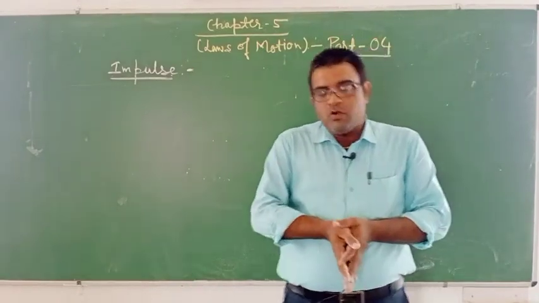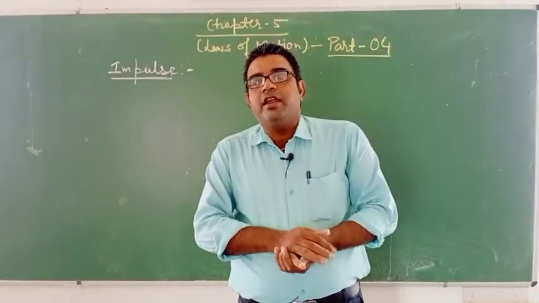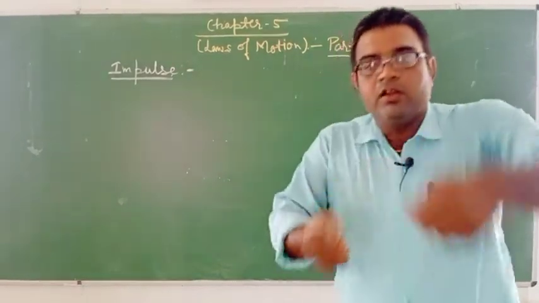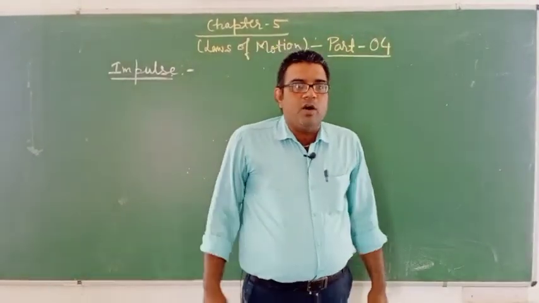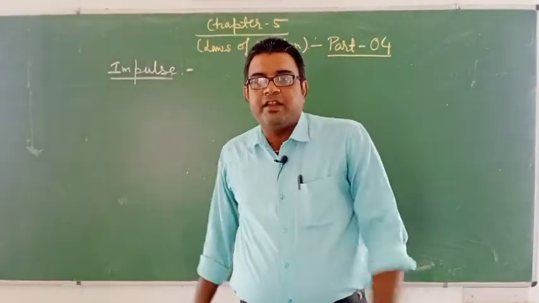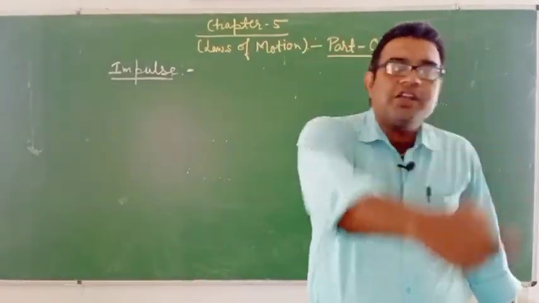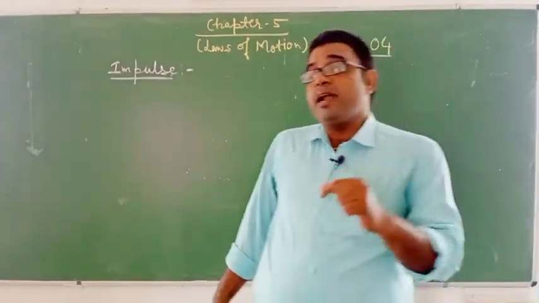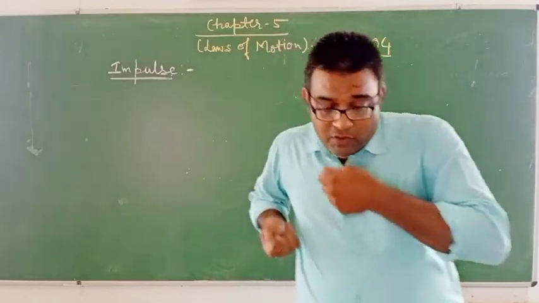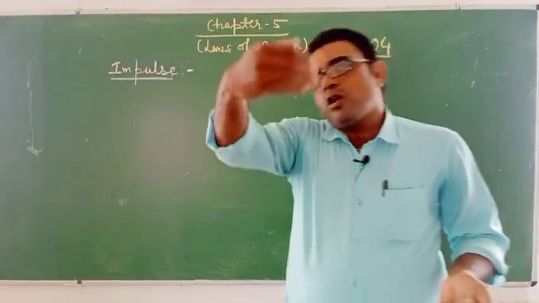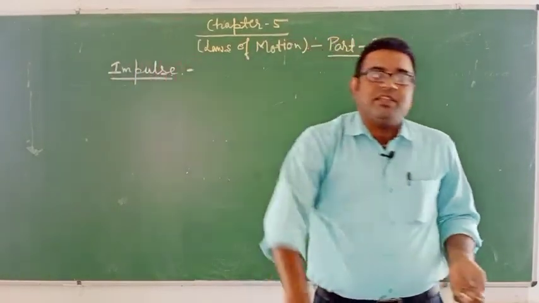Suppose you have played cricket, and in cricket you have seen the batsman hit the ball. When the batsman hits the ball, the impact of the ball with the bat is for a very short interval of time. But when there is the impact between the bat and ball, the force is transferred from the bat to the ball, due to which the ball moves to a certain distance.